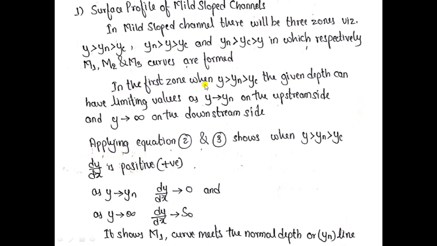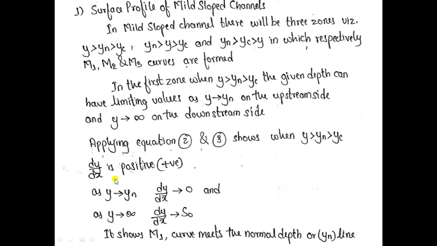So, in the first zone, when the depth of flow is greater than the normal depth and critical depth, the depth will have the limiting values: y tends to the normal depth on the upstream side and y tends to infinity on the downstream side. If I apply these conditions in equation 2, I will get dy by dx tends to 0 as y tends to yn, and dy by dx tends to s naught as y tends to infinity.